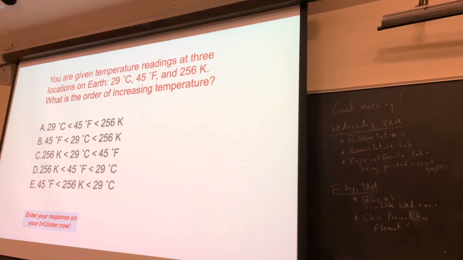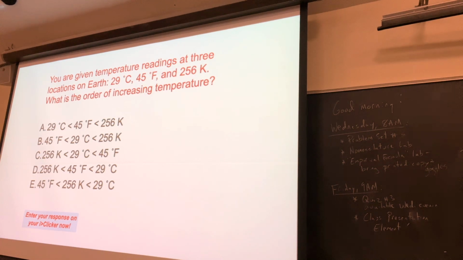The other thing you might need then is the Kelvin temperature. The Celsius temperature equals the Kelvin temperature minus 273.15. Yes, minus, sorry. Getting too excited.